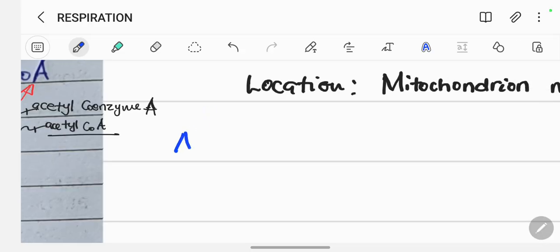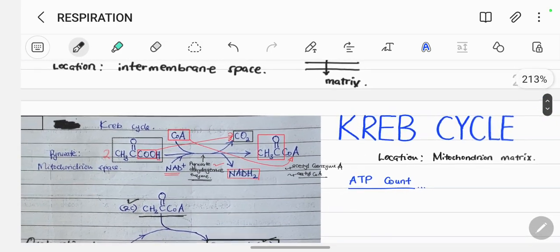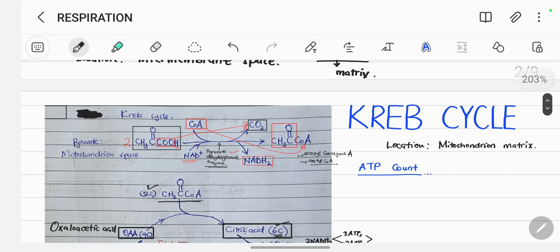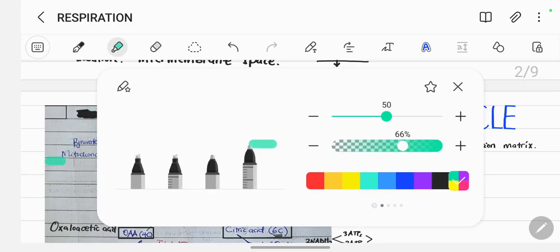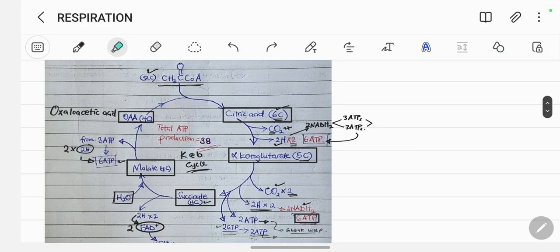So let us first give an account of the number. I will call it ATP count. So let us count them together.